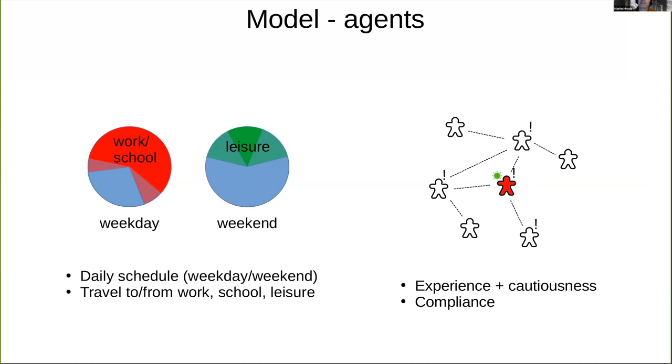And the infections they experience themselves, or that their friends or family experience, increase their level of awareness, and that again leads to a higher cautiousness and might make them decide to, for example, stay at home. Then we have a certain level of compliance in agents. So there is a certain likelihood that agents do not follow the rules that are set by the policymakers.